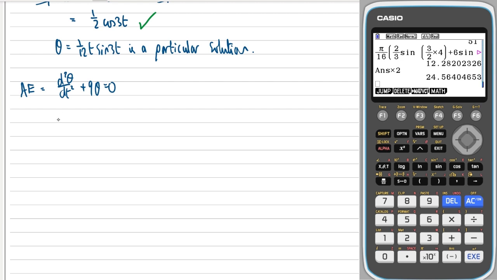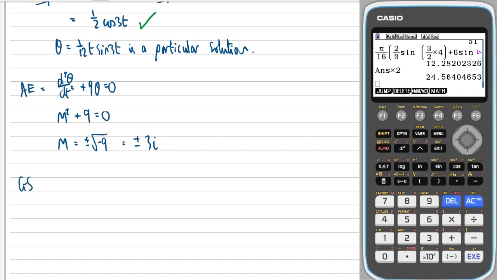And we solve that differential equation by substituting in m's, so we get this. And then that tells me that m is equal to plus minus the square root of minus 9, which is equal to plus minus 3i.